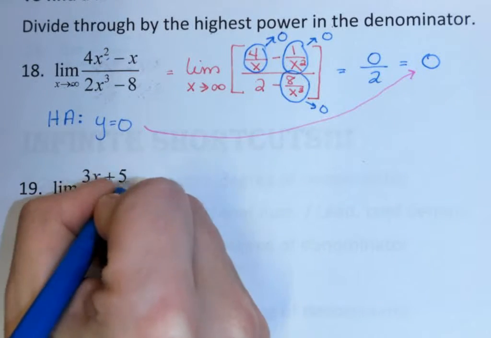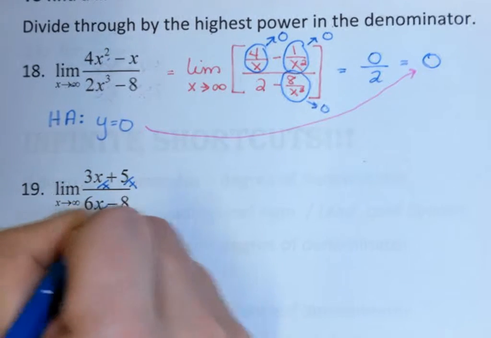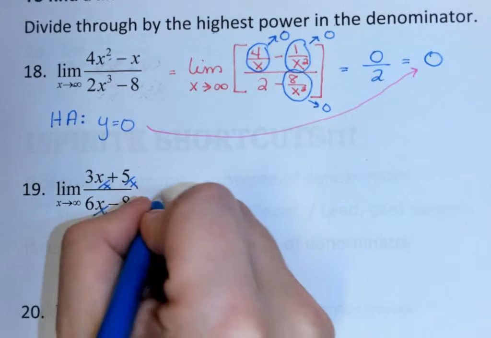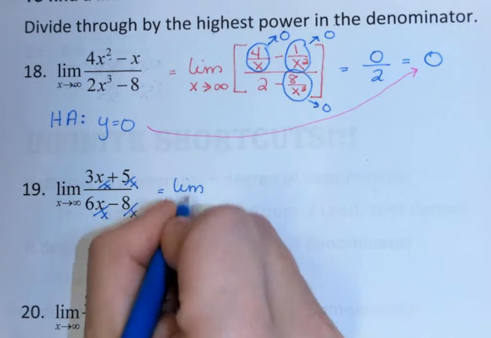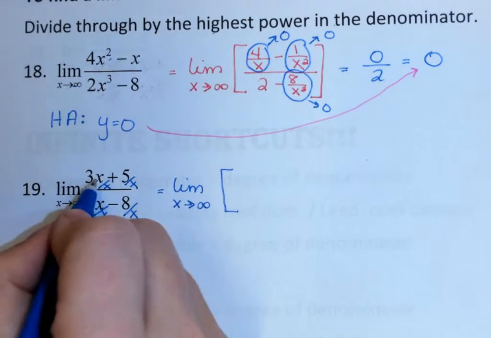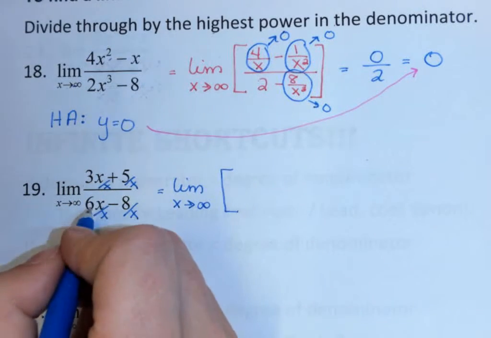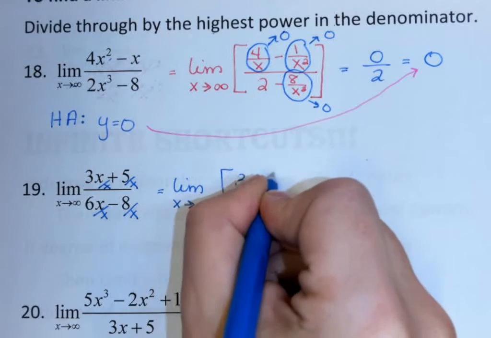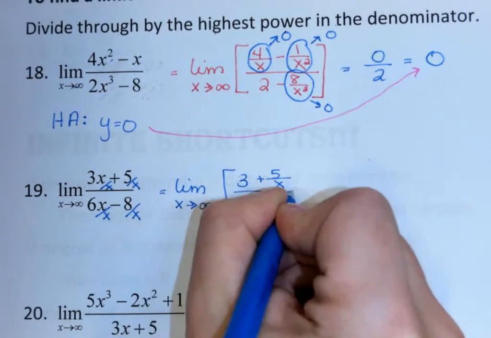So I'm going to divide each piece through by x to the first power. So that means I can think of this instead as the limit as x goes to infinity of, what's 3x over x? 3 plus 5 over x.